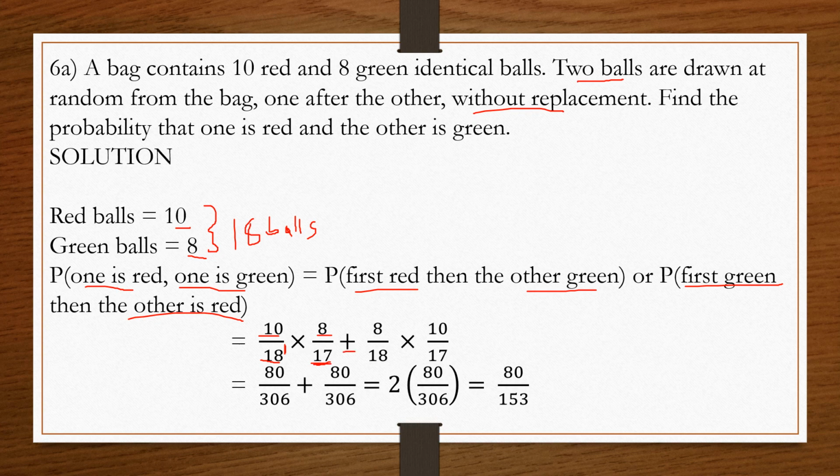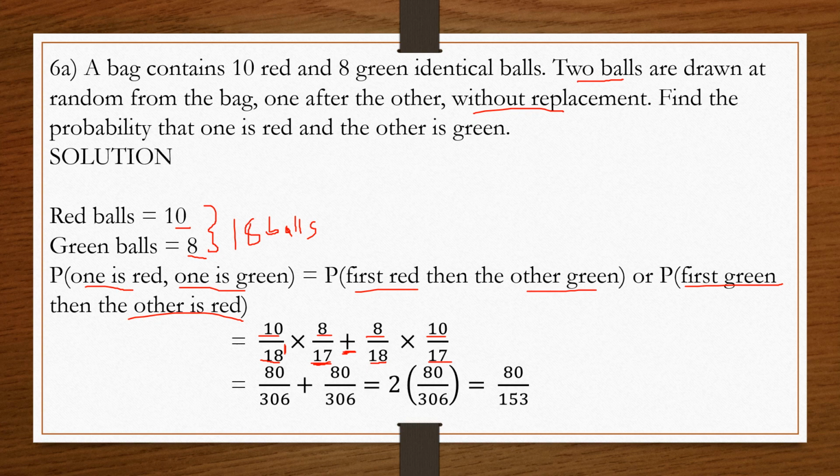Or that is plus. Or we'll have the first to be green, which is 8 out of the total number of balls, which is 18. And because we are not replacing it, it will be multiplied by 10, which is for red, out of 17, which is now the remaining number of balls.